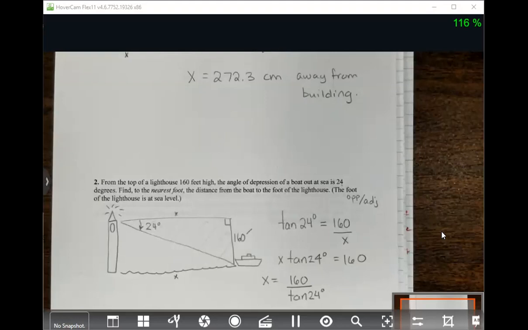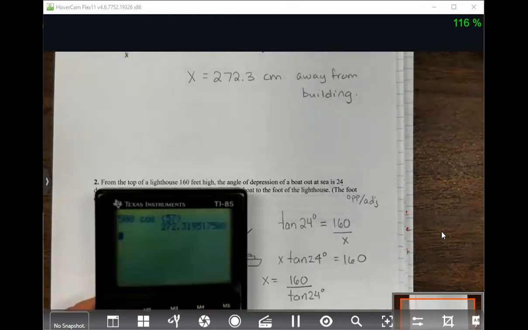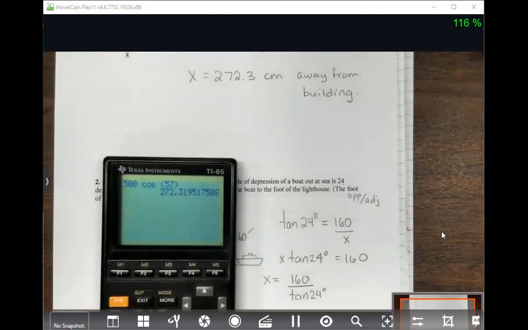But I'm going to whip out my handy dandy calculator. Then I'm going to compute that to the nearest tenth of a foot, I believe it said. So I'm going to put it in just the way I see it: 160 divided by the tangent of 24 degrees.